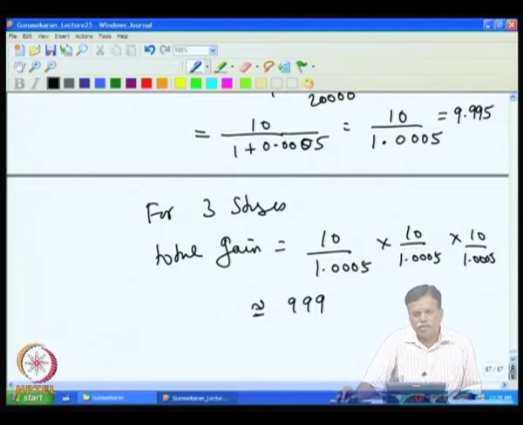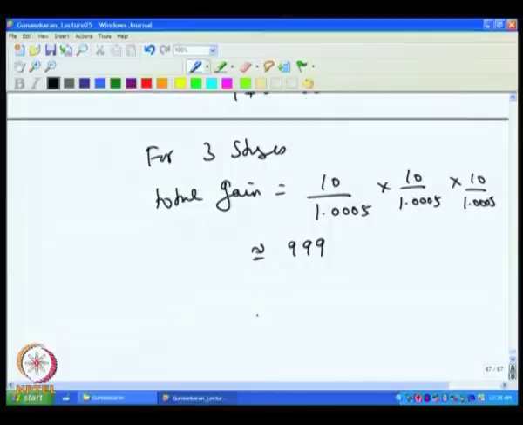So, by getting a lower gain in a single stage, the gain error comes down and the drift of the gain with temperature also will be less.